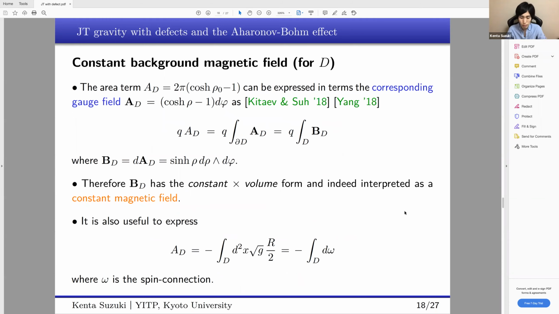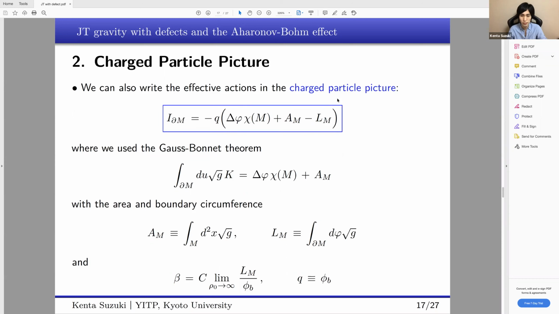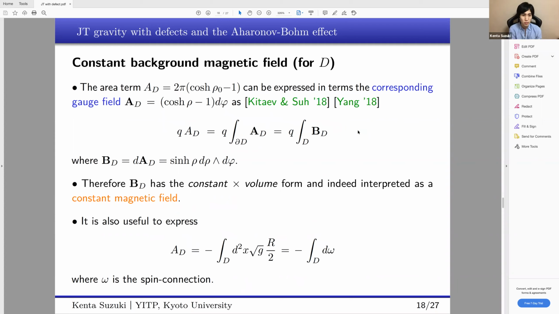So next, we defined this action, and I said this action represents standard quantum mechanics of a charged particle with a background constant magnetic field. So in order to see such a constant background magnetic field, we look at the area term. And here, just for simplicity, let's focus on the simplest topology, which is the disk geometry.